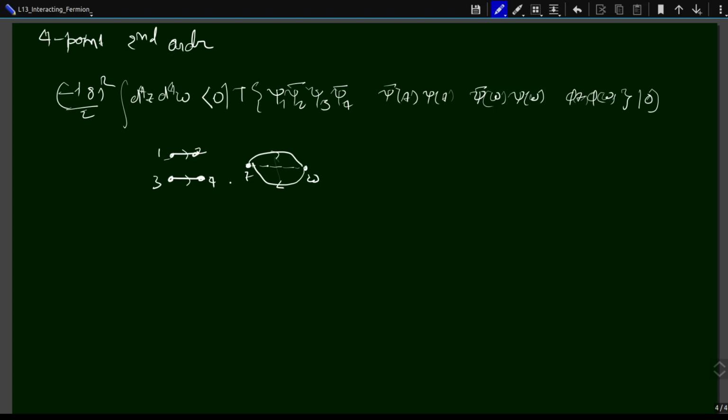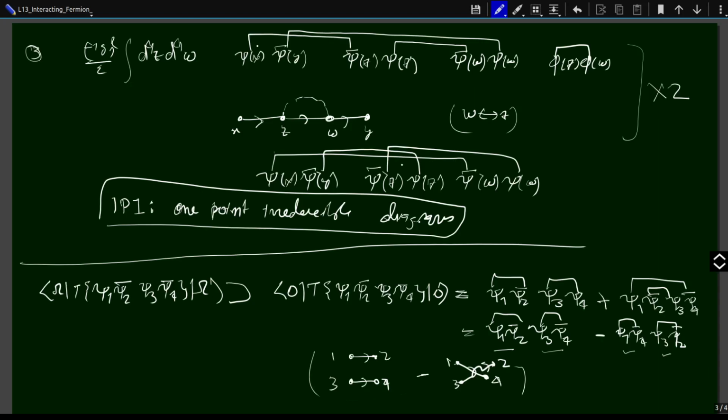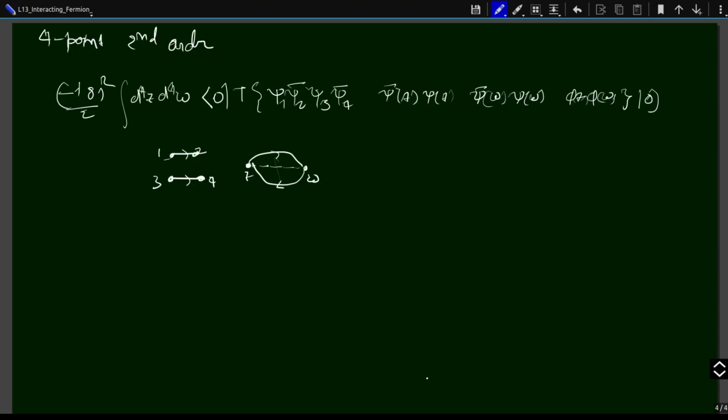Okay, this is a loop. One possible diagram is this. Then another possible diagram will have this bubble thing multiplying the second piece, and again the minus sign will always be there. So whenever the contraction between psi1 and psi3 happens slightly differently than this one, there will be a minus sign appropriately counted. Okay, so this is when w and z guys contract with each other.